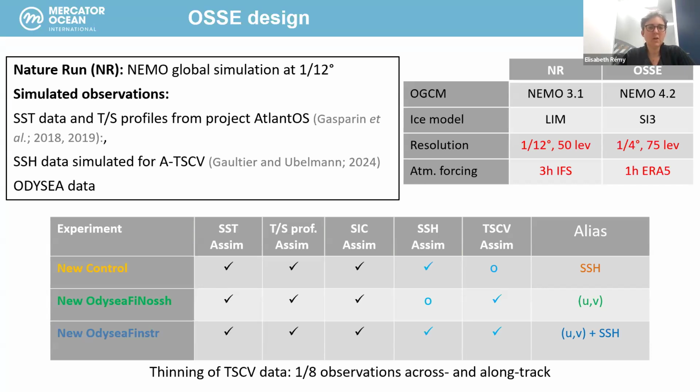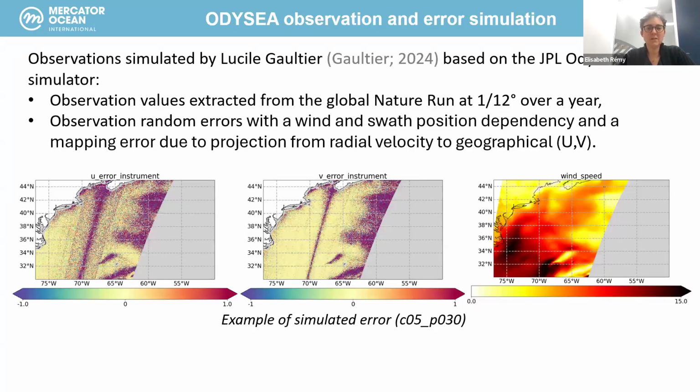In terms of simulating the Odysea observations and the error, it is based on the JPL simulator, which was also slightly modified by Lucille Gauthier at ODL. The observation values are extracted from a global 1/12 of a degree simulation, and the errors are really simulated with the Odysea simulator.